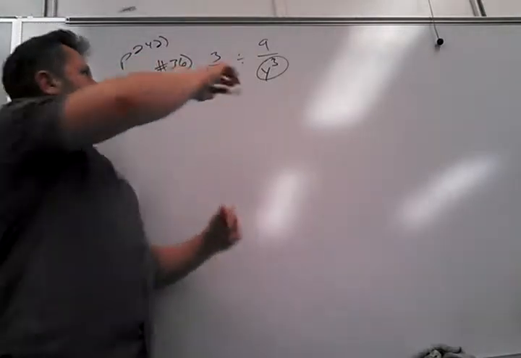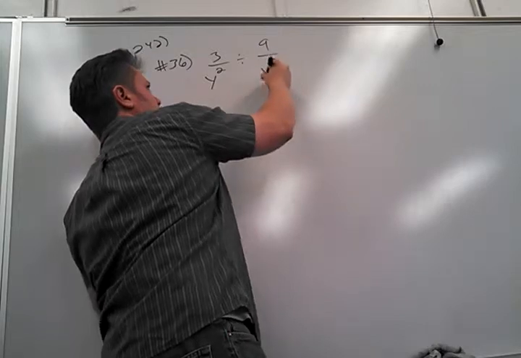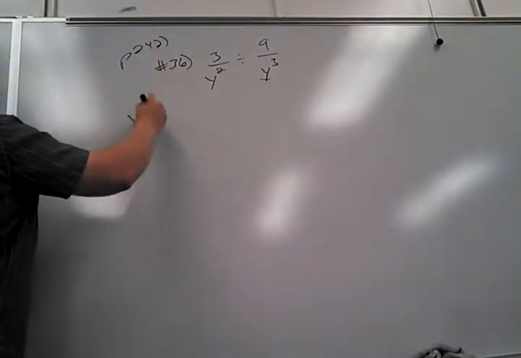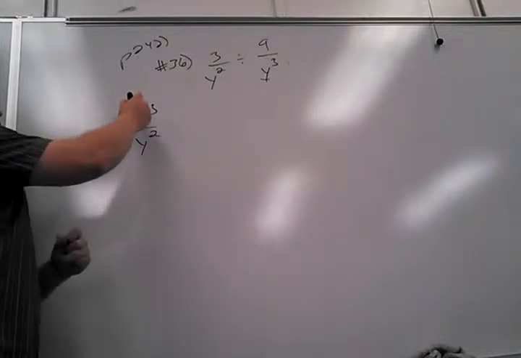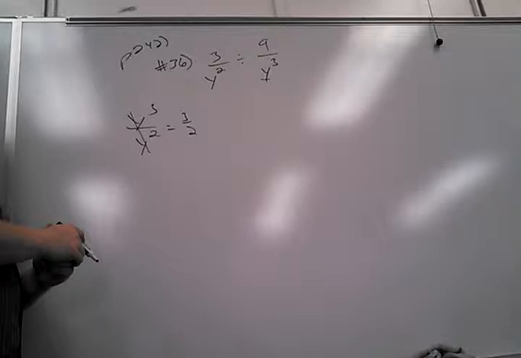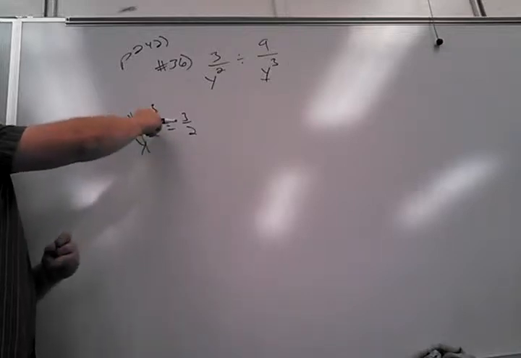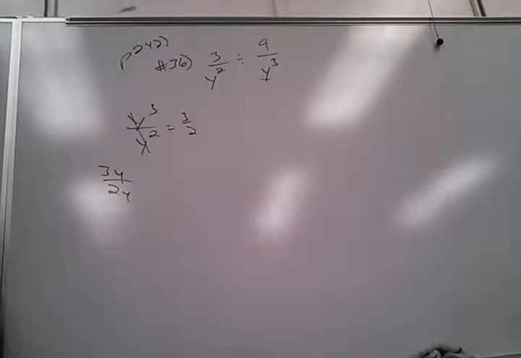So, I can't possibly have a 3 left over here, for example. I saw somebody do this. No. There is no 3 up here. That would be if it was this. If it was this, that would be fine, right?